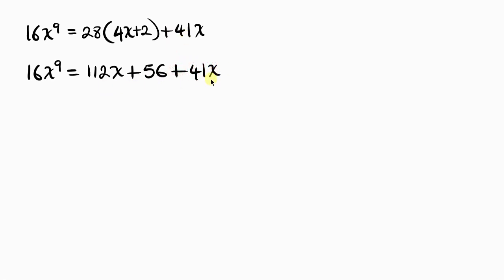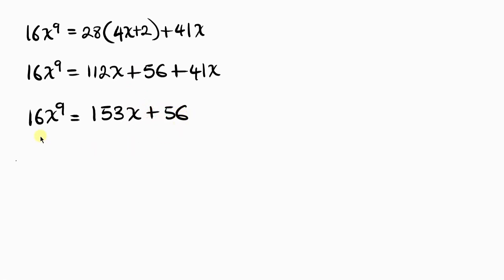Now let's simplify the right hand side by adding up like terms. So this becomes 16x to the 9 equal to, now 112x plus 41x is 153x, and then plus 56.